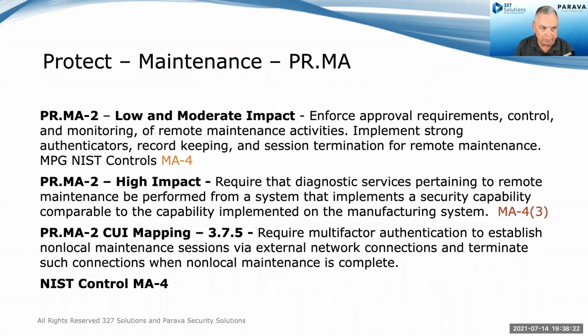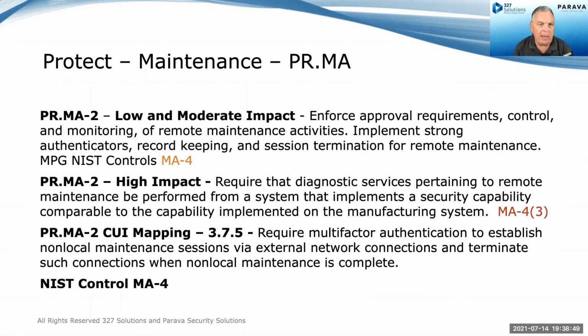For maintenance in the protect category, for low and moderate impact, you are going to enforce approval requirements for remote maintenance. Again, think of all the industrial control systems and their vulnerabilities. Implement strong authenticators, record keeping, and session termination for remote maintenance, something especially appropriate for things like pipelines.